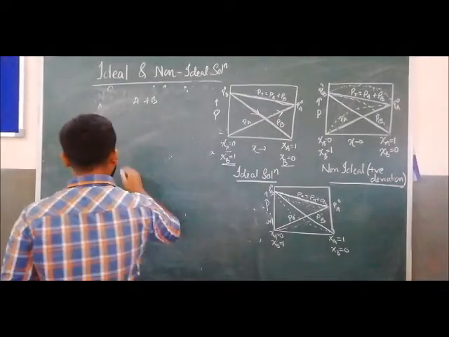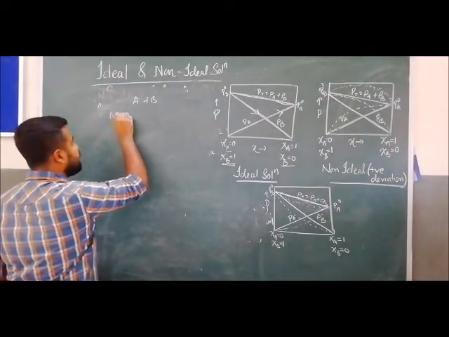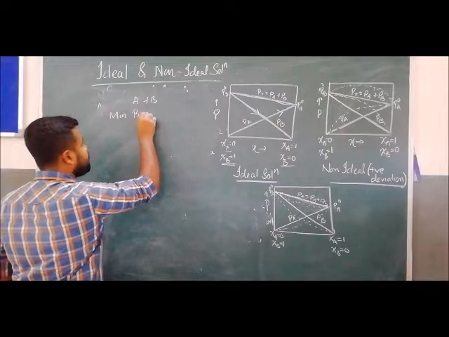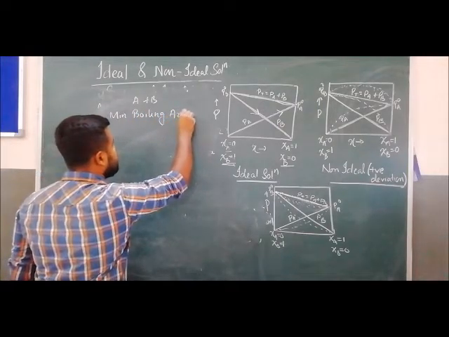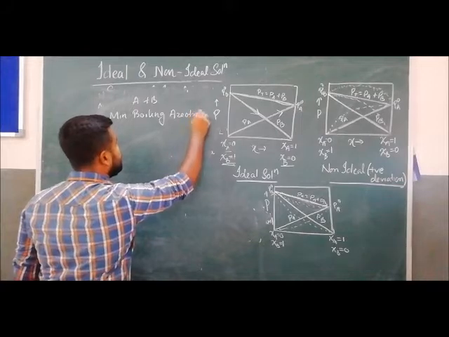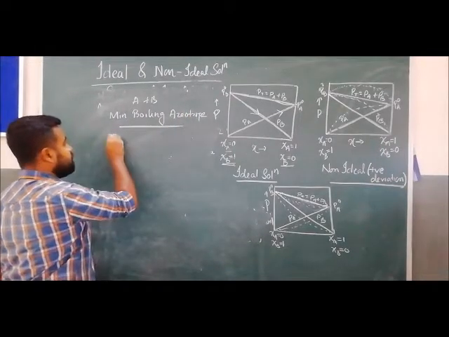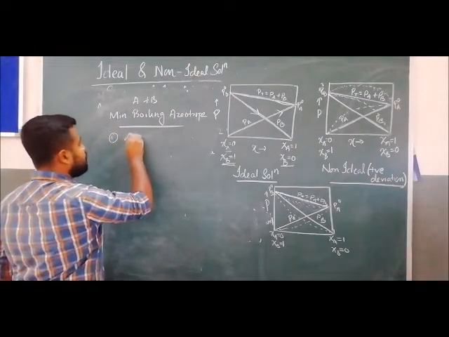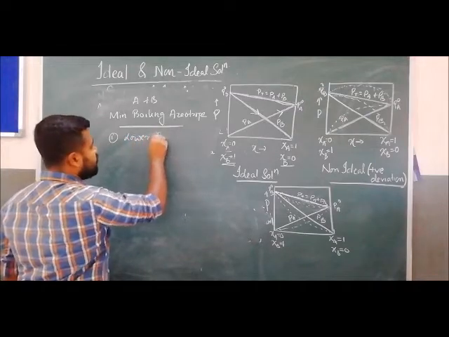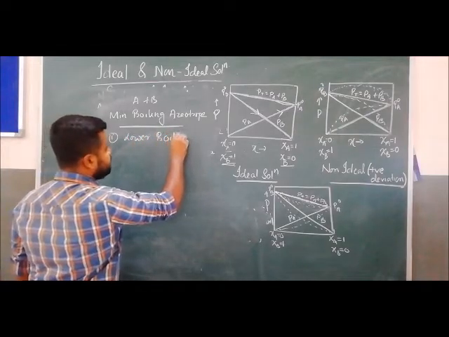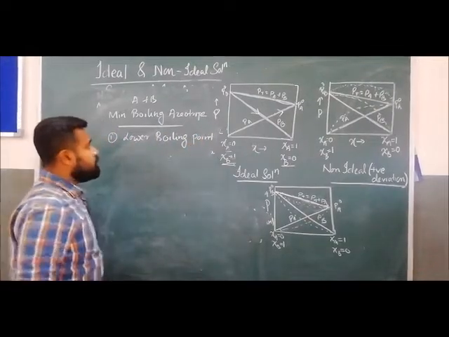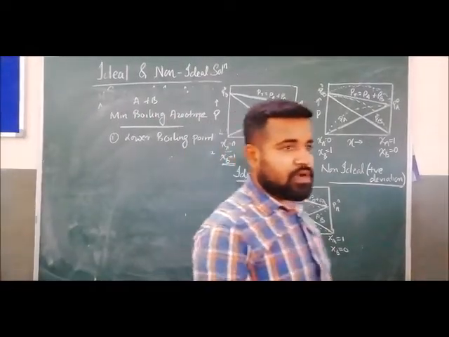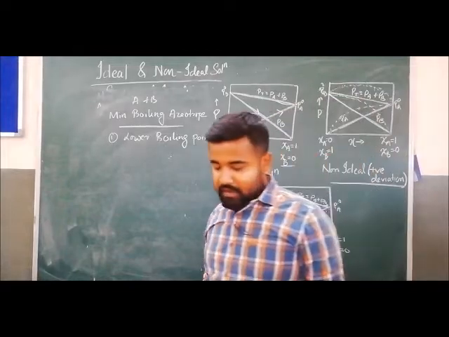So azeotropes are of two types: minimum boiling azeotrope, which means lower boiling point. Let's see the example.